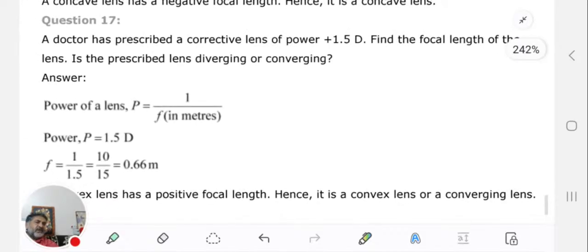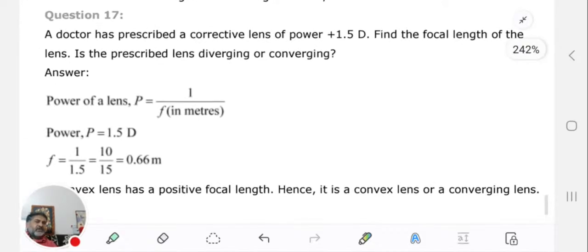Question number 17. A doctor has prescribed a corrective lens of power 1.5 diopter. Find the focal length of the lens and is the prescribed lens diverging or converging? Chalo, the power of lens P is equal to 1/f, focal length in meter.